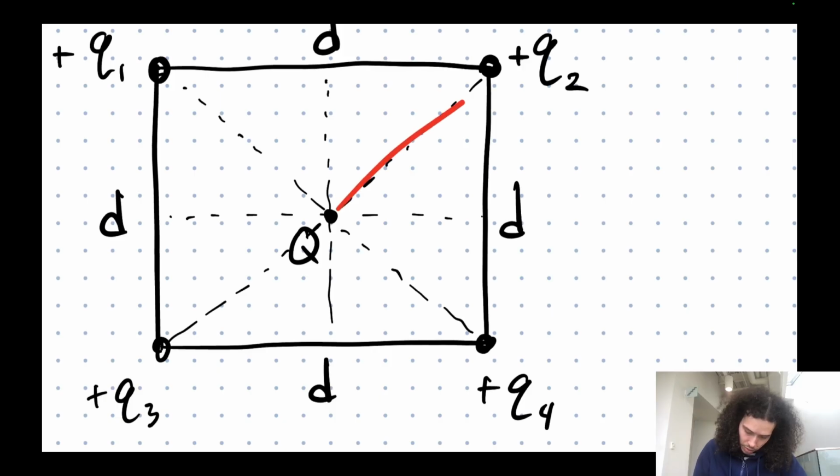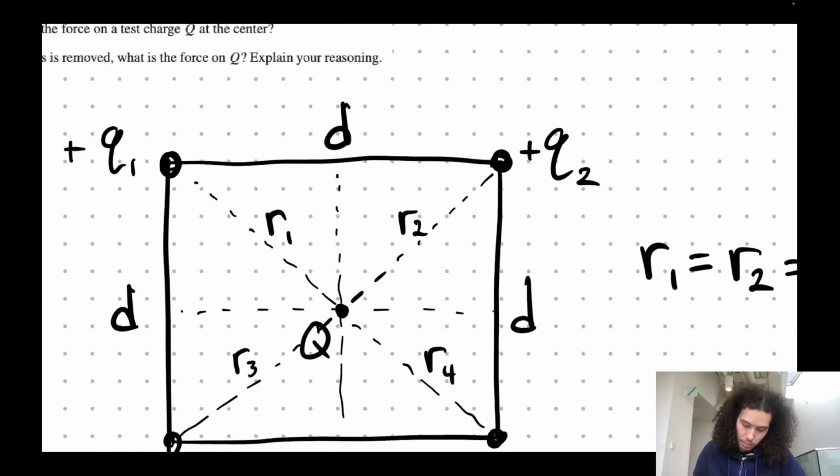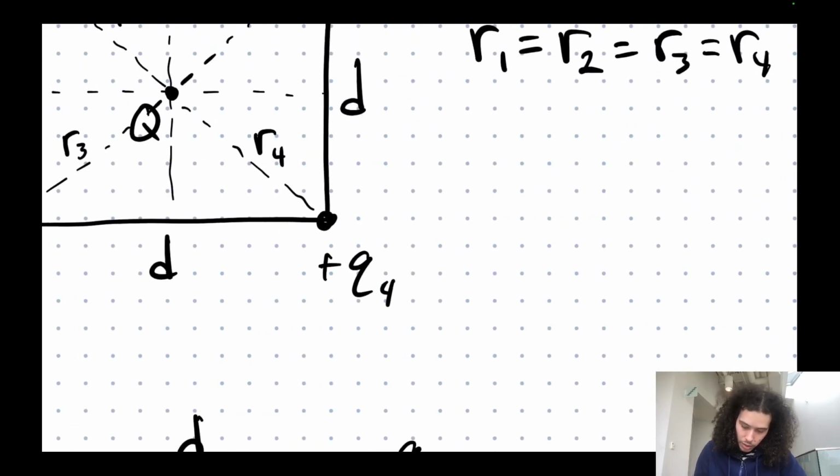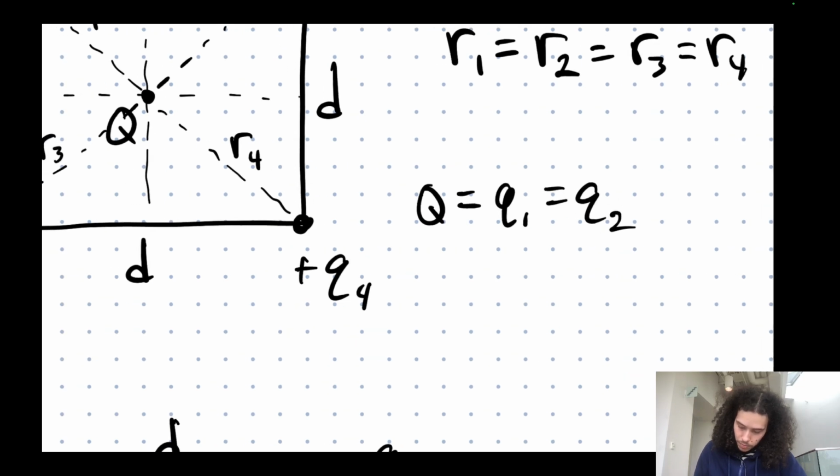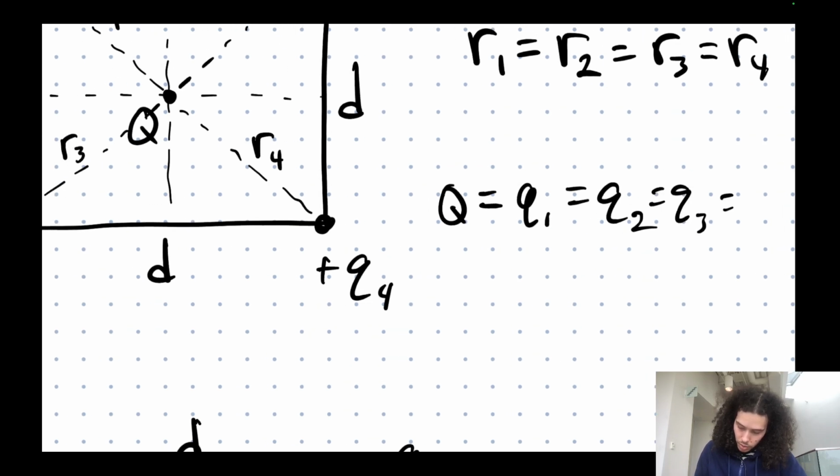You're going to have a vector that goes like this. This is a force vector. This is due to those two charges. They're both positive. Q is equal to Q1 is equal to Q2 equal to Q3 is equal to Q4.